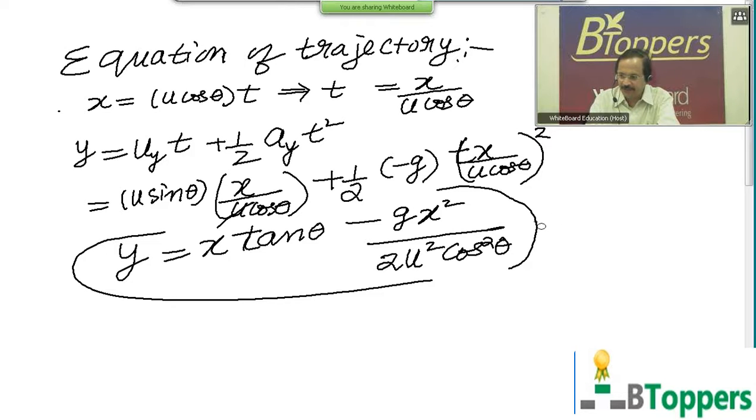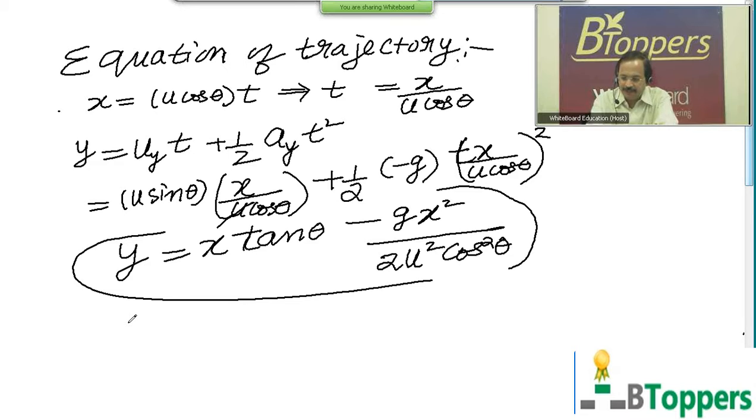So this equation of trajectory in the case of oblique projection of the projectile motion is given by y equal to x tan theta minus g x square by 2u square cos square theta.